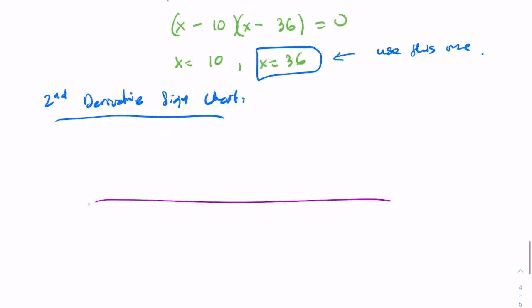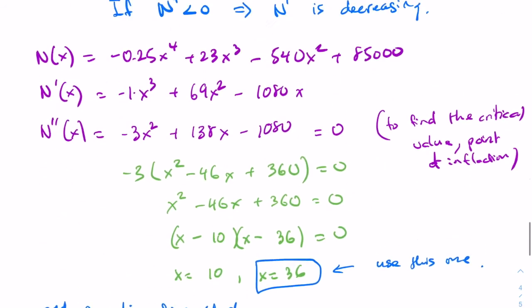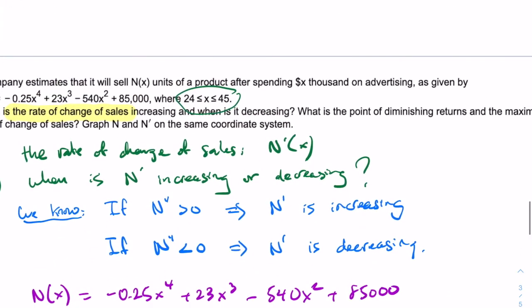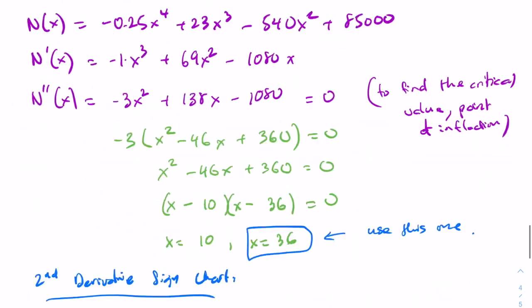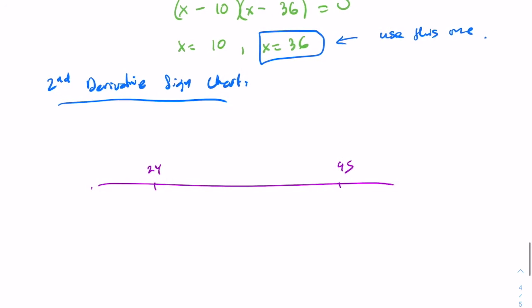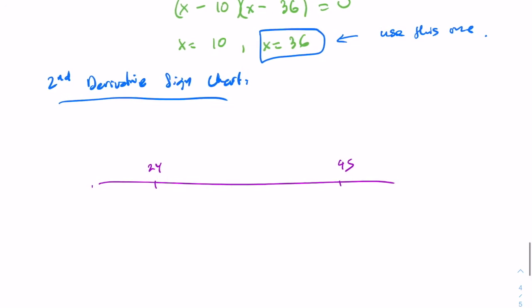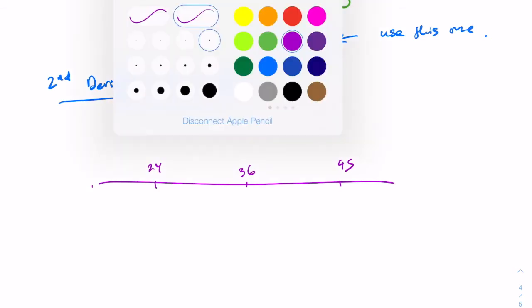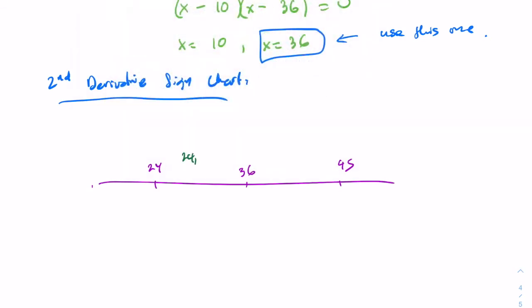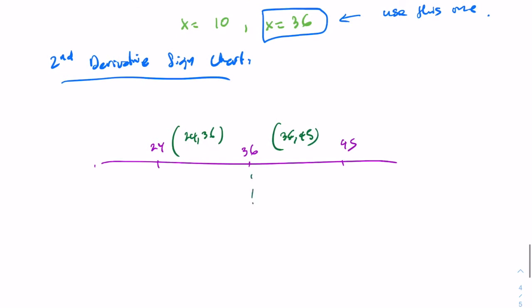It's going to go from 24 to 45, which is the budget of advertising money, and the critical value is 36. So maybe 36 is somewhere here. Let's say that's 36. So there are two intervals: we'll look at 24 to 36 and then 36 to 45. We're going to test where the first derivative is increasing or decreasing in this case. So we divide that.